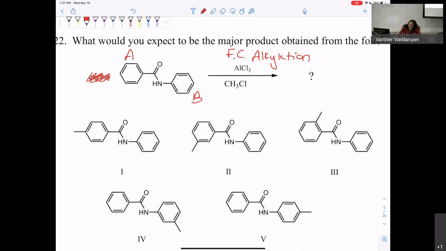So ring A is directly attached to a carbonyl, which means it's a strong deactivator, whereas ring B is attached to a nitrogen that has a lone pair. So that's an activator. Maybe that was not a good call using A and B.